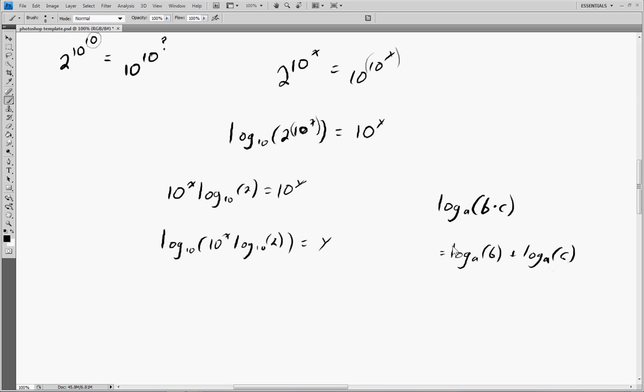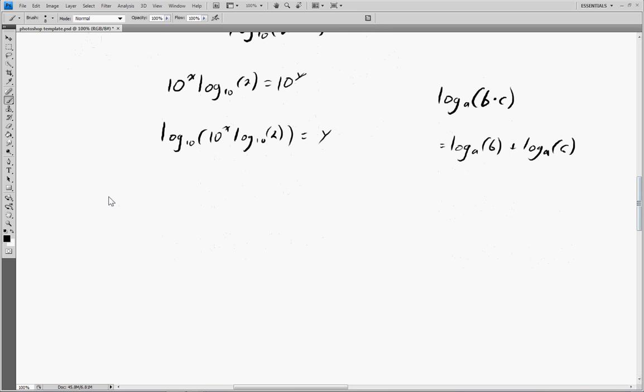So we can use that here because we have two things multiplied together. So we can rewrite this as log base 10 of 10 to the x plus log base 10 of log base 10 of 2. Okay. And that's going to equal y, basically.